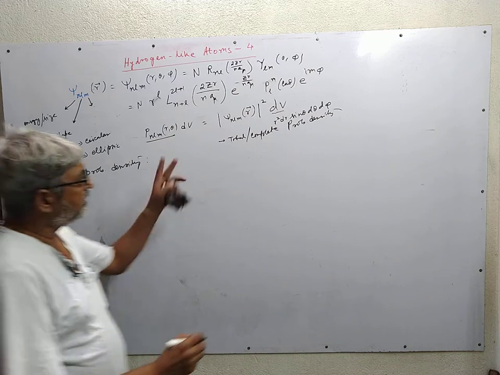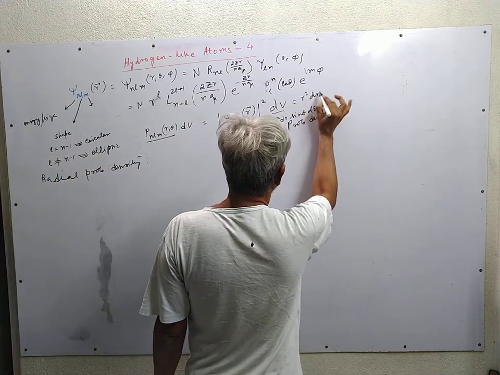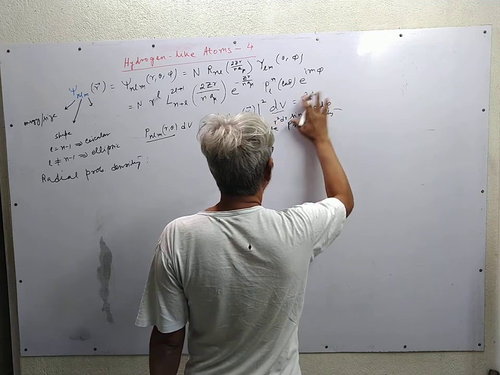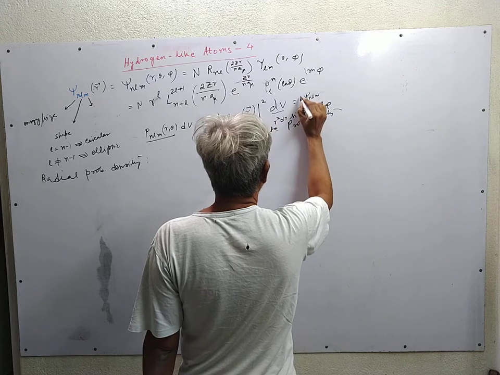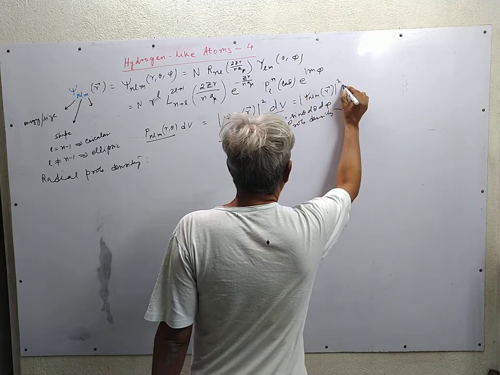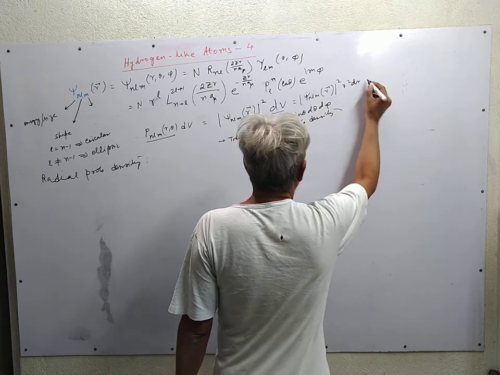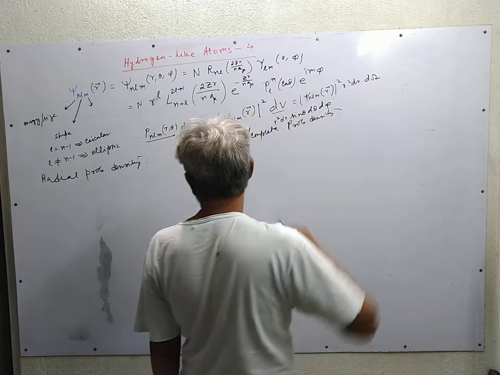We integrate it out over the angular part. So we get psi NLM modulus square r square dr, and this part is d omega.